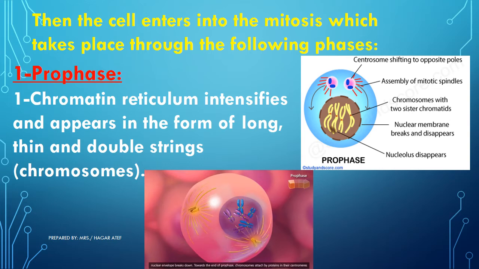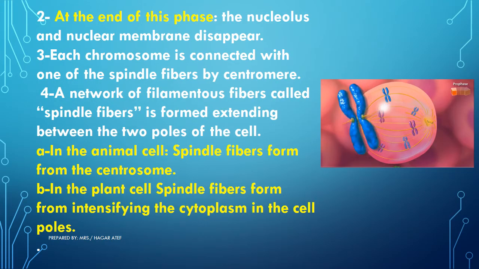Number 1, prophase. The chromatin reticulum intensifies and appears in the form of long, thin, double strings, the chromosomes. At the end of this phase, the nucleolus and the nuclear membrane disappear. Each chromosome is connected with one of the spindle fibers by the centromere.